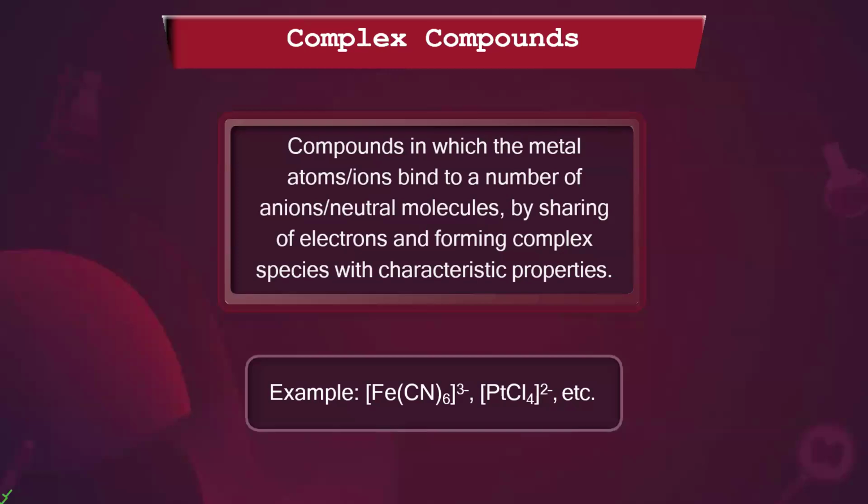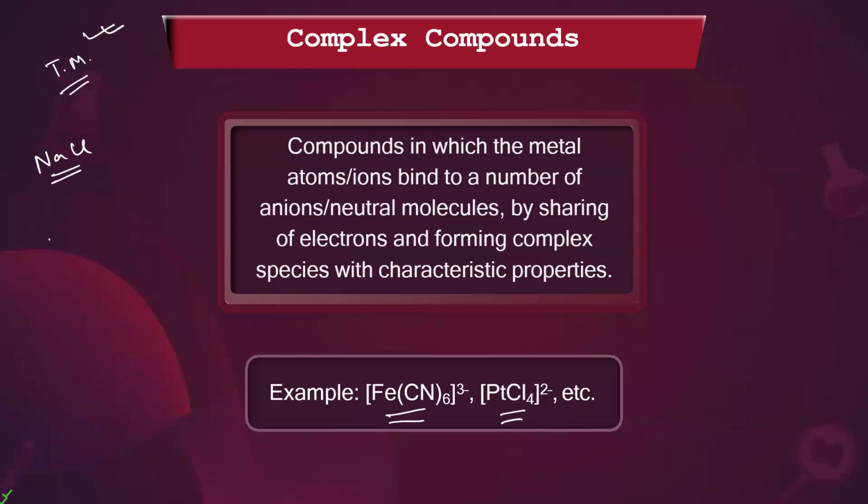Now, the next part is complex formation ability. We know transition metals are very good at complex formation. These are complex compounds. You know ionic compounds, NaCl, these are ionic compounds.